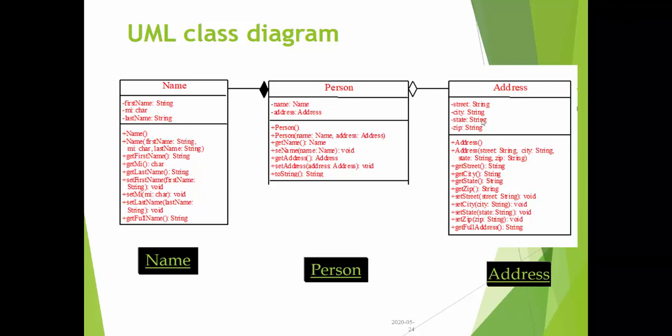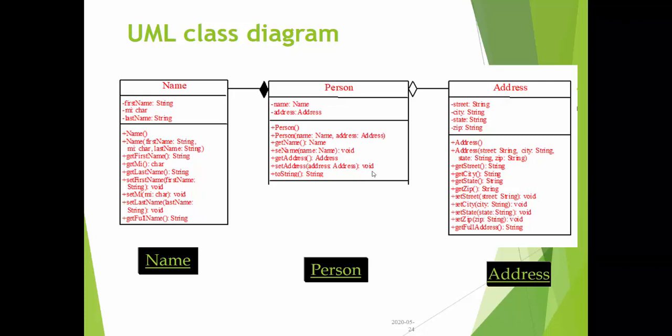Address is described as a class with the street, city, state, zip, constructors, and getters and setters as well. And person has only two instance variables: a name object of class name and an address object of class address.